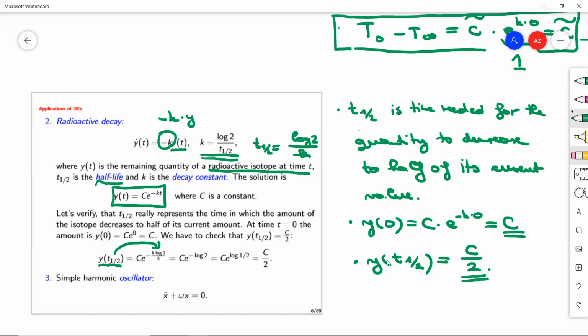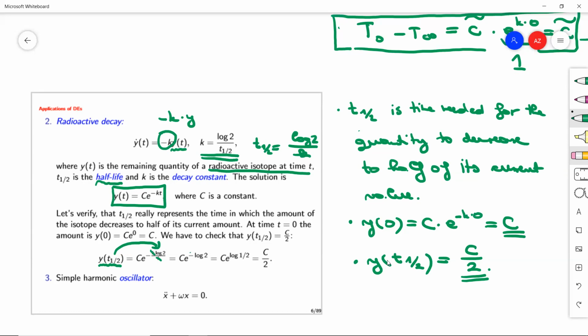Note that k is a constant. That's why also half-life is a constant and vice versa. So we plug in this logarithm of 2 over k in our solution. Those k's here cancel. And what remains is c times e to the power of minus logarithm of 2.